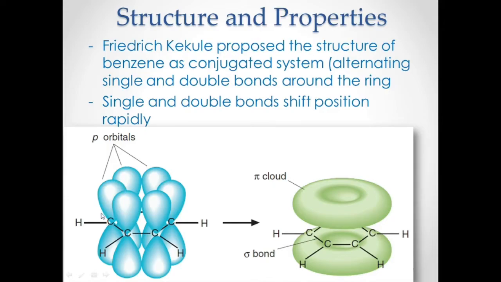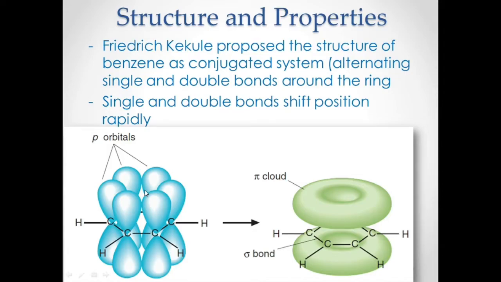There is an overlapping of orbitals between the p of this carbon and the p of another carbon, and so on and so forth. These six carbons have p orbitals because they are sp2 hybridized, and therefore they form a sideways overlap, which forms what we call pi bonds.